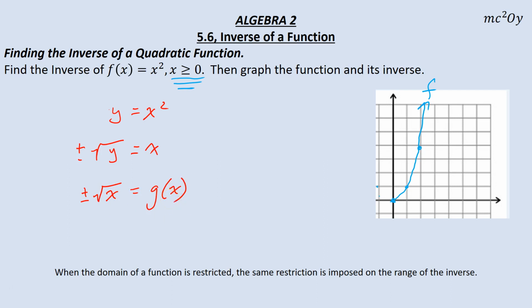Usually with the plus minus, here's the positive root of x, right? It's at (0, 0), (1, 1), and (4, 2). And so that is this branch. The negative root of x goes over this way, and so that would be this branch.